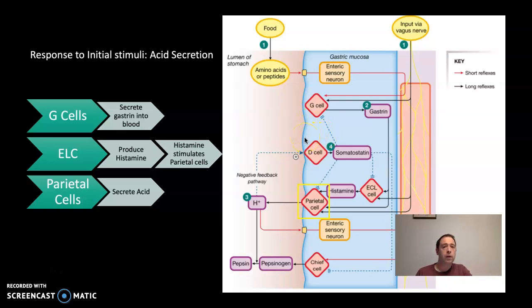The product of the G cells, gastrin, then signals the production of acid by directly stimulating parietal cells and indirectly stimulating ELC cells to produce histamine to stimulate the parietal cells. But also notice that the ELC and the parietal cells also both receive and respond to that long reflex from vagal nerve stimulation to produce their secretions.